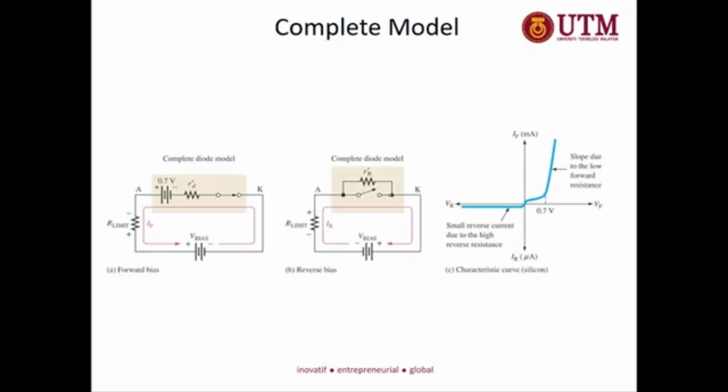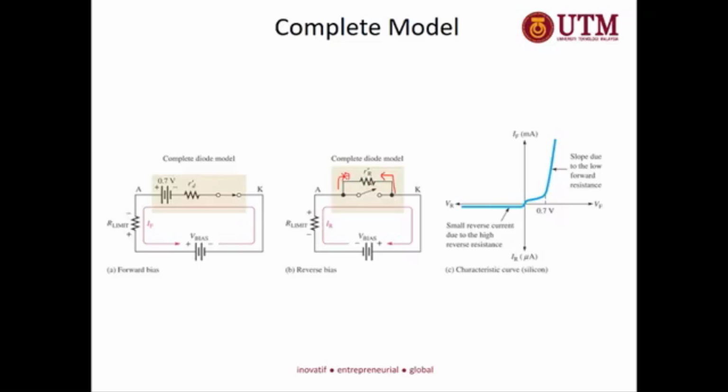So by using this model, the current will not be zero. There will be a very small current flow. For example, the current here is very small because RR is very high.